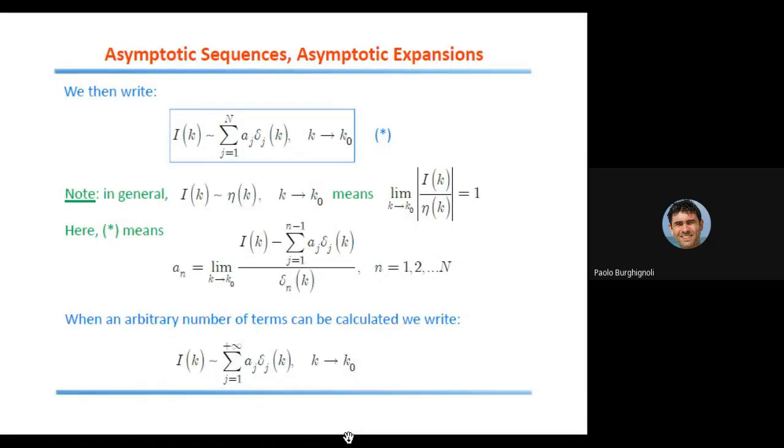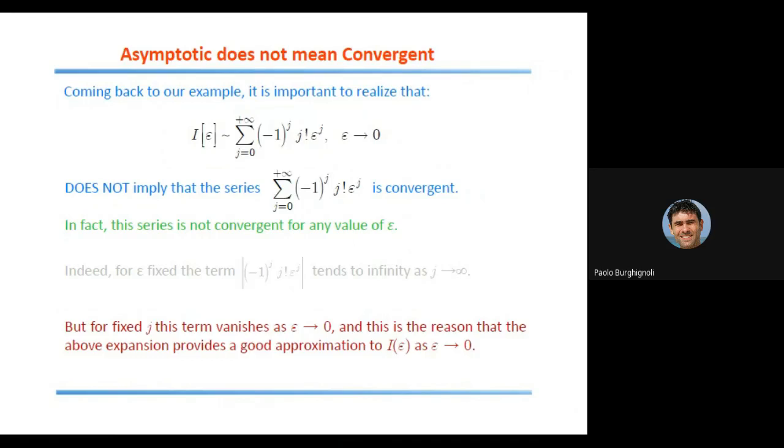Okay, so we have seen what an asymptotic sequence is and what an asymptotic expansion is. If we come back to our example, by integrating by parts and iterating, what we get ultimately is this kind of series in which there is epsilon to the jth power, then the factorial of j, and then minus 1 to the jth power.